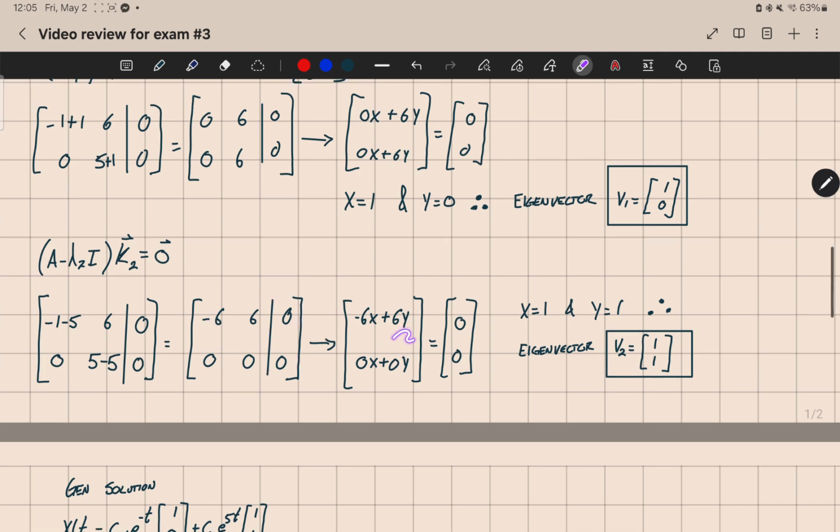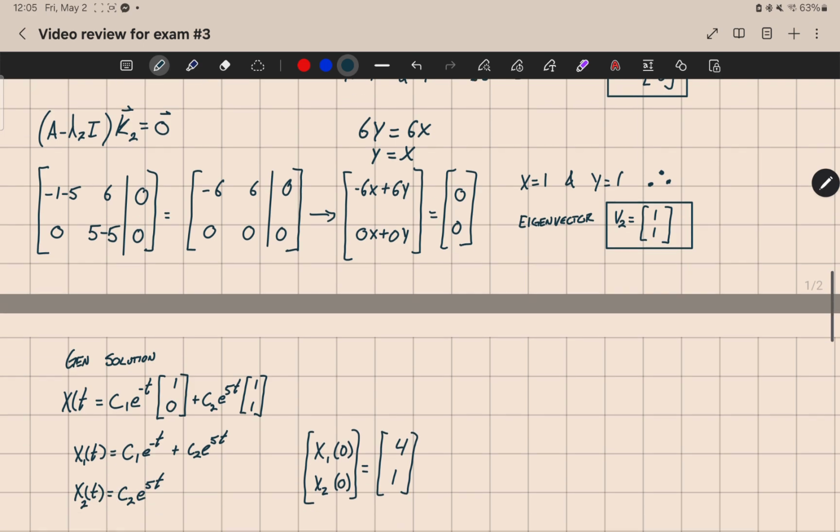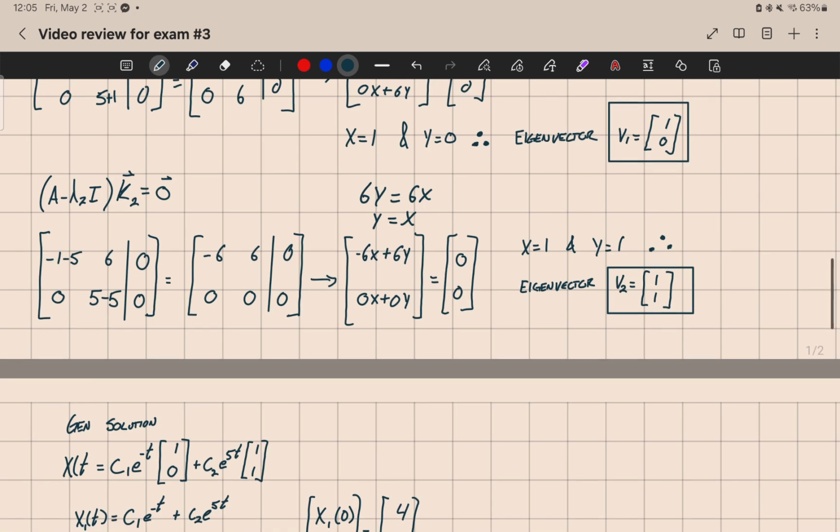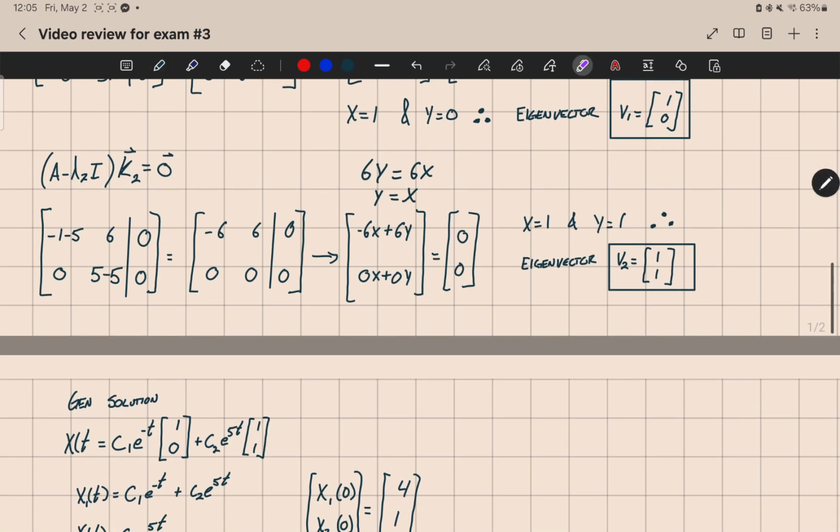So if you set this top row equal to 0, pretty easily see that we end up with 6y equal to 6x, and that is y equals x. So x and y can equal anything. And again, when they could equal anything, I'm always just going to pick 1 to keep things simple. And we end up at our second eigenvector here.